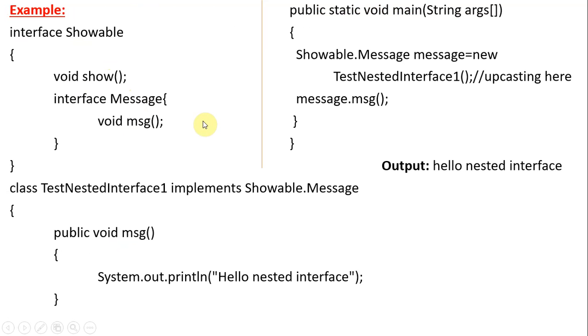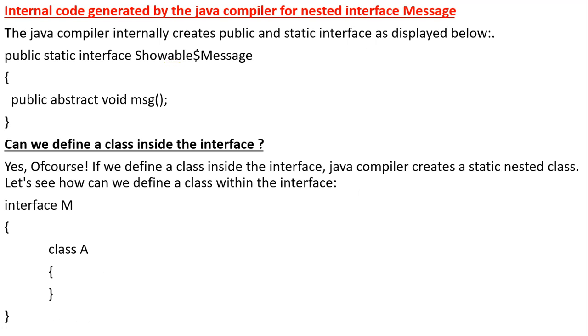So for this nested interface, how does the internal code look? The internal code generated by the Java compiler for the nested interface Message is like this. Okay, so public static interface Showable$Message.